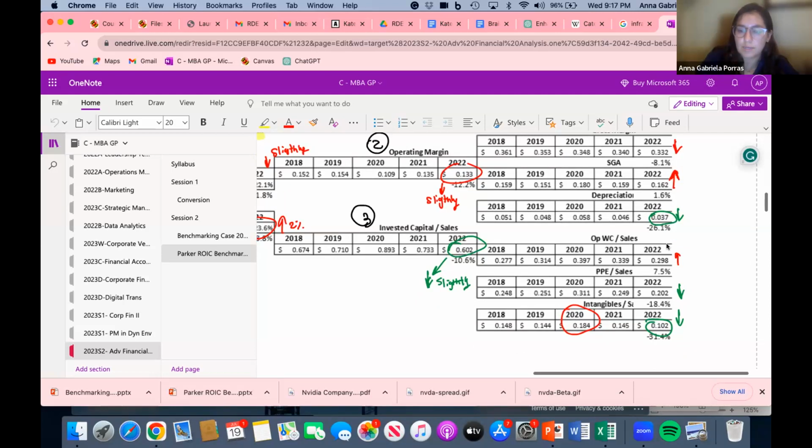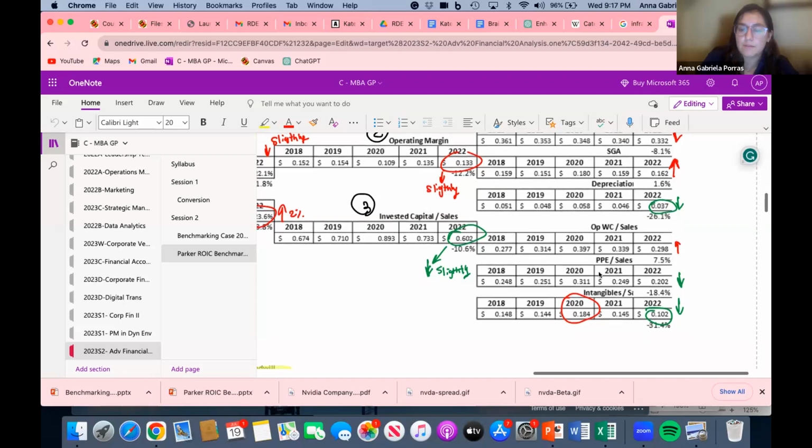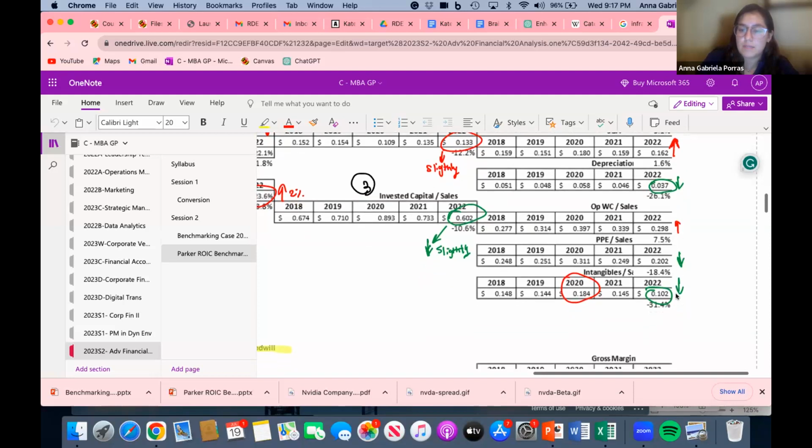Like with operating working capital, it goes up 7%, while the investment in property, plant, and equipment goes down. So that's what's driving the invested capital to a lower value here. And intangibles also go down, contributing to that slight reduction.